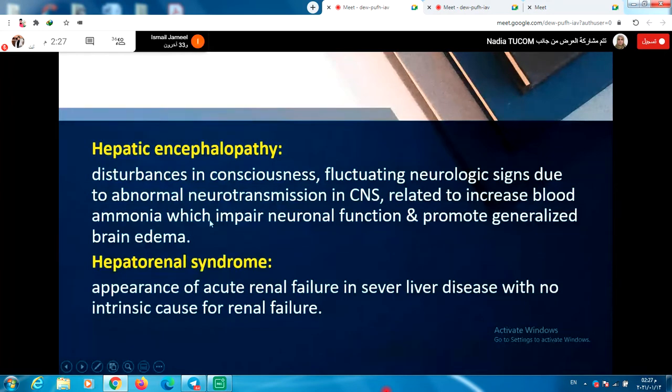Hepatorenal syndrome is the appearance of signs of acute renal failure in severe liver disease with no intrinsic or endogenous cause of renal failure.